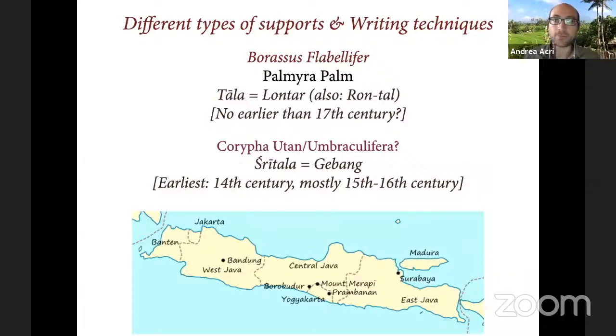The other is the Corypha umbraculifera, or gebang, probably corresponding to the Sanskrit talapatra, which is much rarer. It is also confined to the western part of Java, and its manuscripts are usually earlier. The earliest manuscripts belong to this tradition because the leaves are stronger and have survived for a longer time.